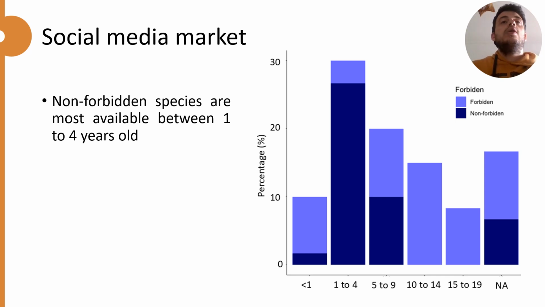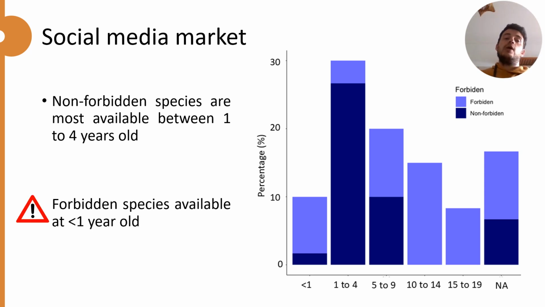One particularly worrying finding was that there were available turtles with less than a year that were from forbidden species. The Portuguese law does not allow the breeding of forbidden species, and this law has been in place for more than 5 years now, so if we have turtles with less than a year, those turtles are being bred.